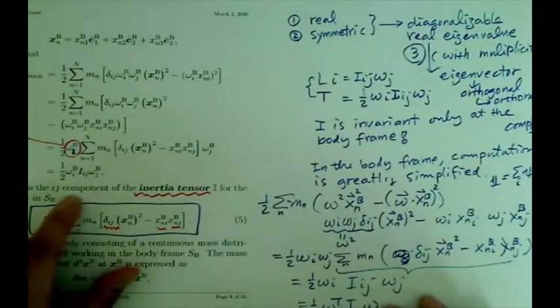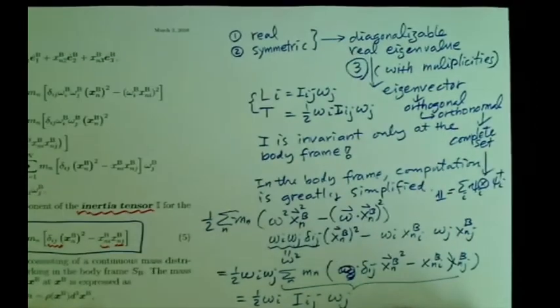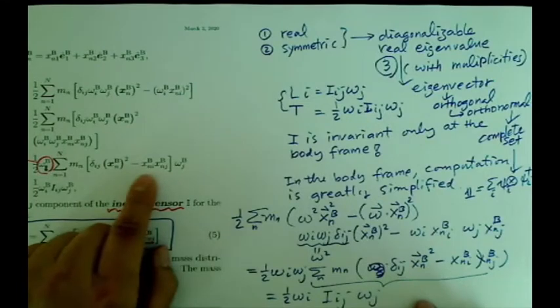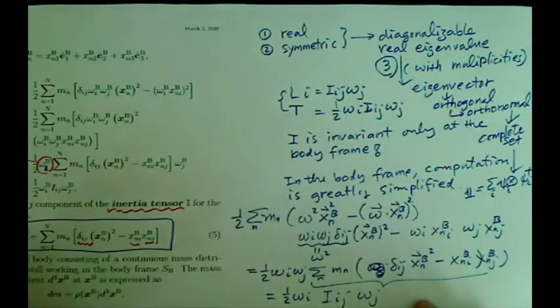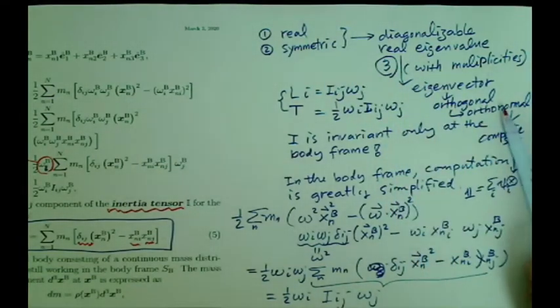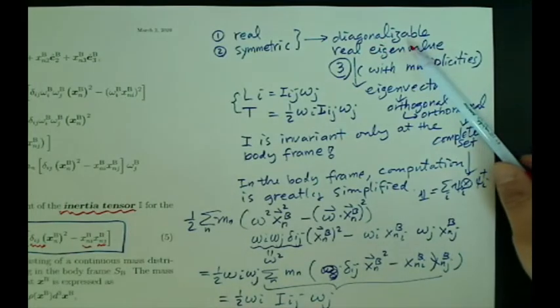We notice that the inertia tensor is symmetric under exchange of i and j, and because position and Kronecker delta and mass are everything real, therefore it is a real and symmetric matrix. We know this real and symmetric matrix is a Hermitian matrix.